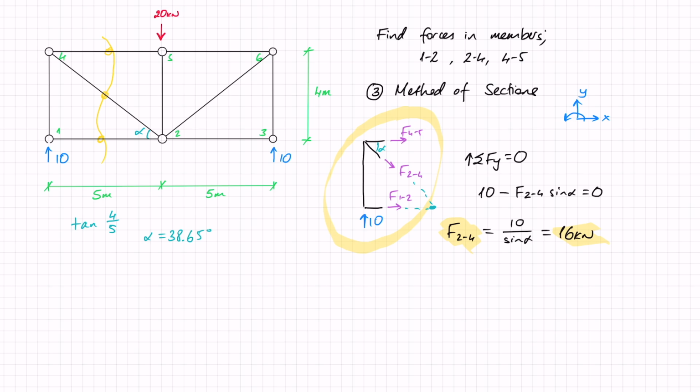F24 and F12 pass through that point, so they won't contribute to moment, and I'll be able to find F45 directly. So sum of moments around joint 2 equals 0, and here I have minus F45 times 4 and minus 10 times 5 equals 0. So F45 equals minus 10 times 5 over 4, and that gives me minus 12.5 kilonewtons.